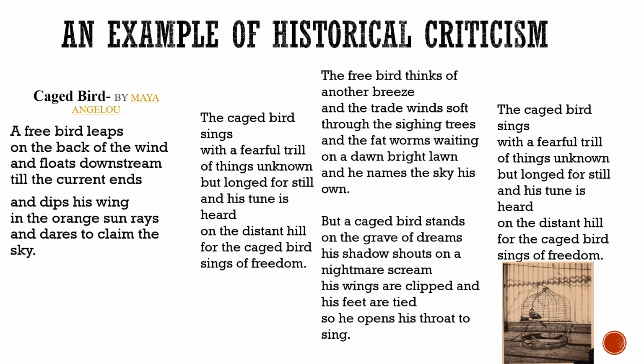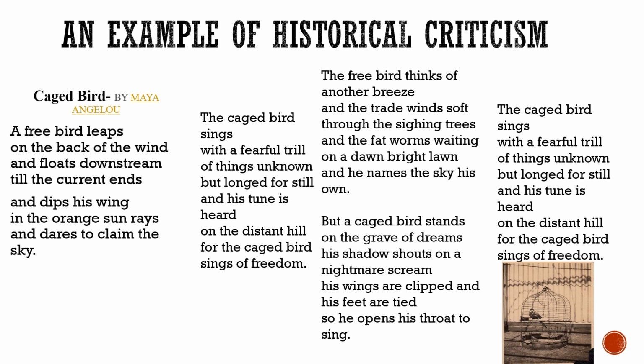A free bird leaps on the back of the wind and floats downstream until the current ends, and dips his wing in the orange sun rays and dares to claim the sky. The caged bird sings with a fearful trill of things unknown but longed for still, and this tune is heard on the distant hill, for the caged bird sings of freedom. The free bird thinks of another breeze, and the trade winds soft through the sighing trees.